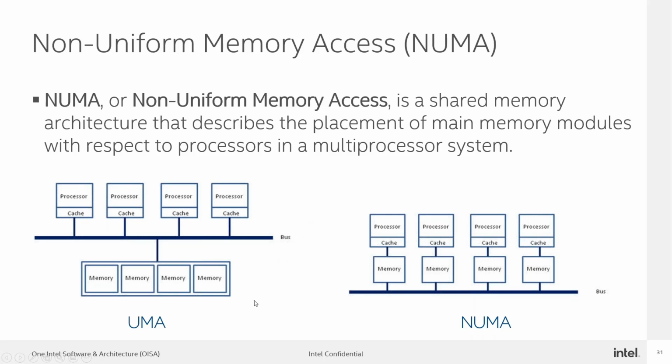The disadvantage of this architecture is that the bus will be very highly occupied for data transmission. So this could be a bottleneck for the performance. To solve this problem, the NUMA architecture is introduced. So still we have this bus, but all of the memories are split into several parts.